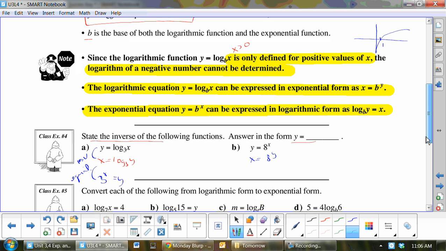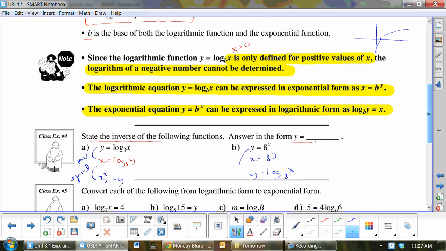Now to get this into log form, Colton, you can finish up. Okay, so I want you to understand that those two are the inverse, and then that's in log form. Now, what Colton figured out is if you make them both y equals, just change that, put a log 8, okay, and then these two would be inverses, right?